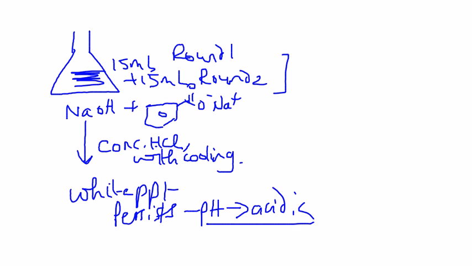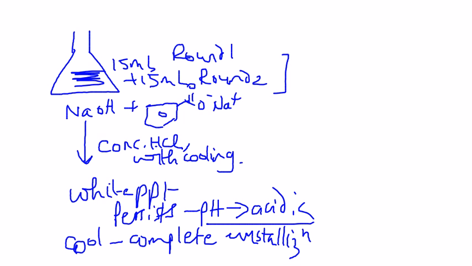And you can continue to cool it down to make sure that it's a complete crystallization. And then you're going to filter it through a Buchner funnel the same way as you did last class.